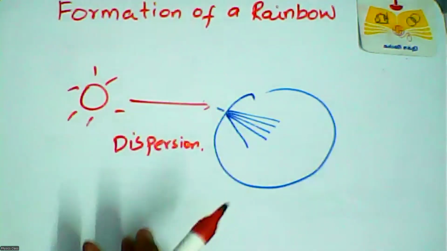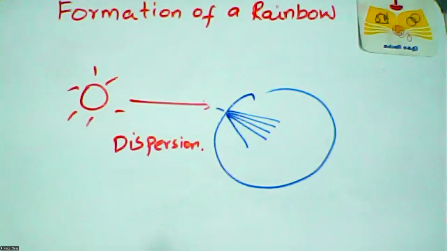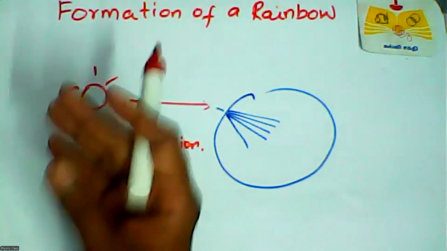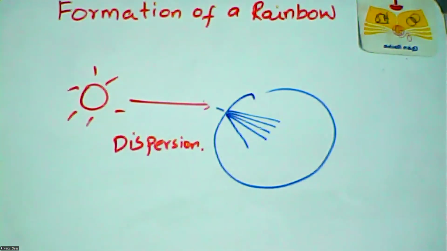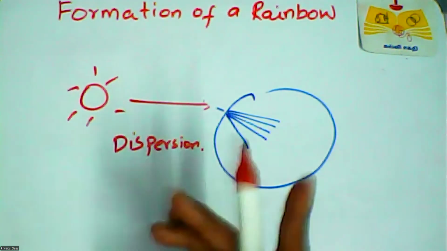Why is the light split into separated colors? Because we have seven colors in that rainbow, VIBGYOR, and each color has a slightly different wavelength.